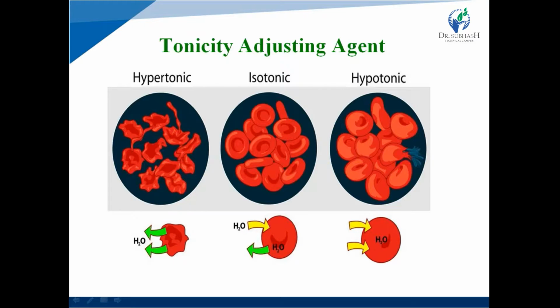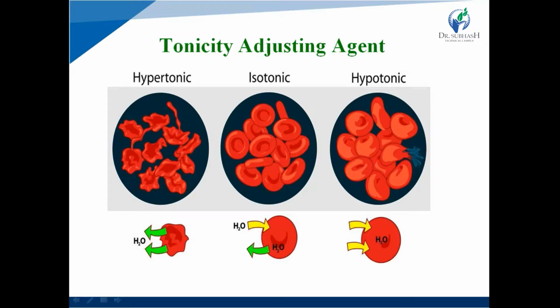Next one is antioxidant, which is used to protect the products from oxidation and acts as a reducing agent or prevents oxidation. An example of a reducing agent is sodium metabisulfite, concentration 0.5 to 0.15%. Thiourea is also available.